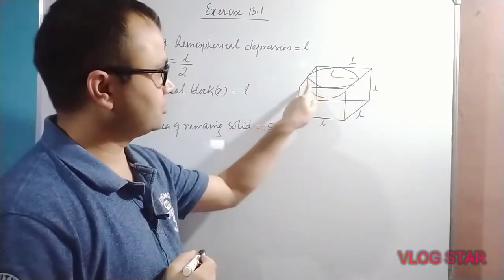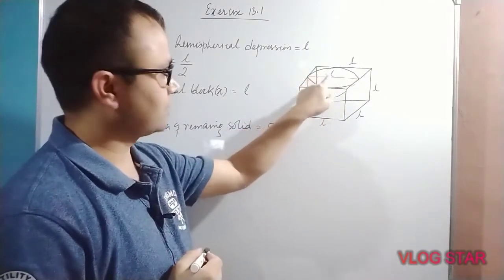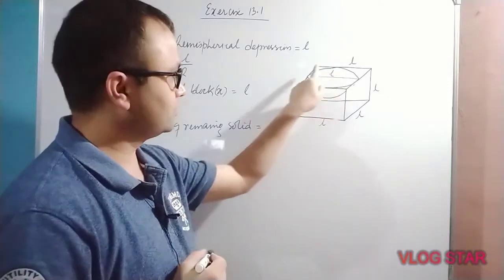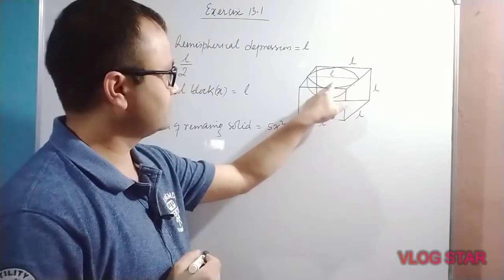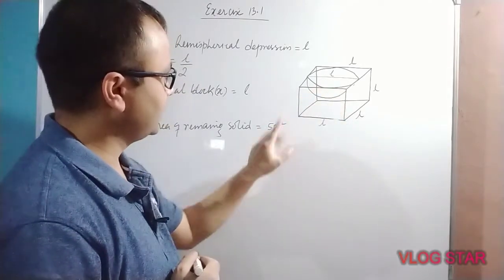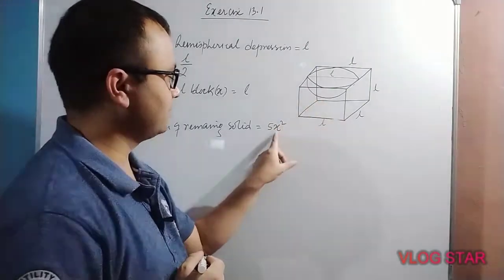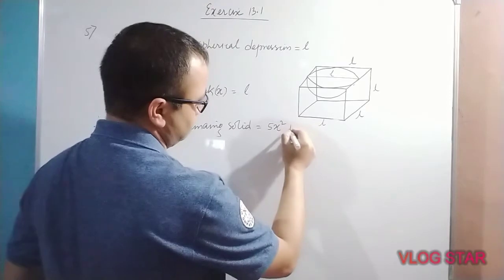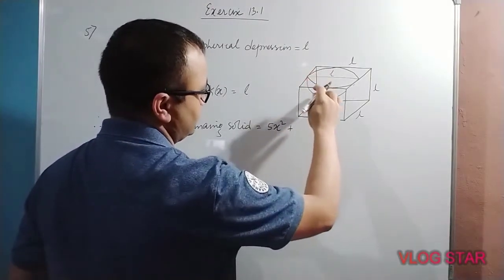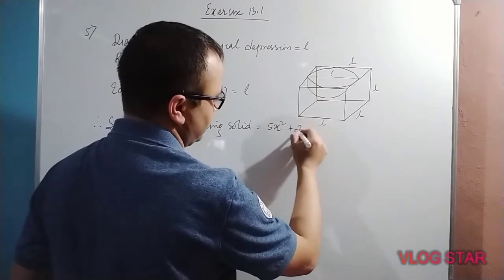This is the face which is used for the hemispherical depression. Out of this, there are 5 faces, so the area of 5 faces is 5x square, plus. Now what is the curved surface area of the hemispherical depression? It is 2 pi r square.